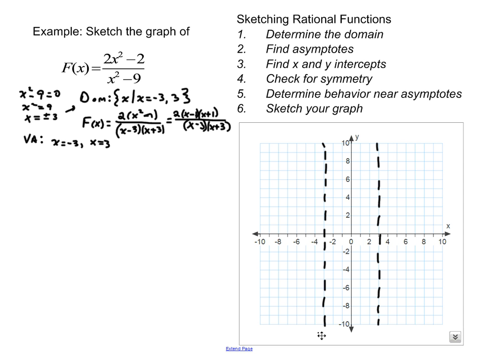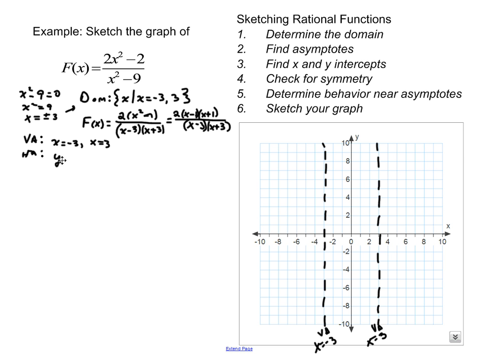Again, label everything completely. Vertical asymptote, x equals negative 3, x equals 3. Next, let's look for our horizontal asymptotes. Horizontal asymptotes occur on functions where the degree of the numerator and denominator are the same at the quotient of our leading coefficients.